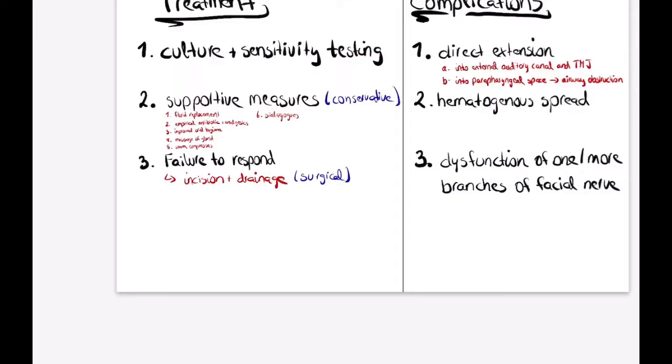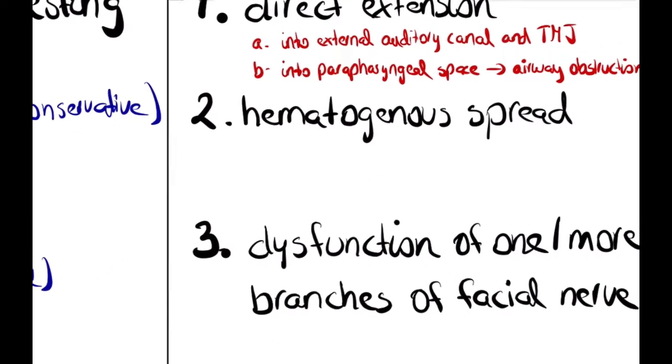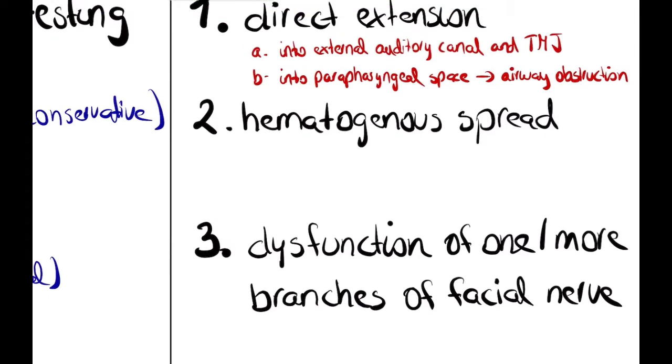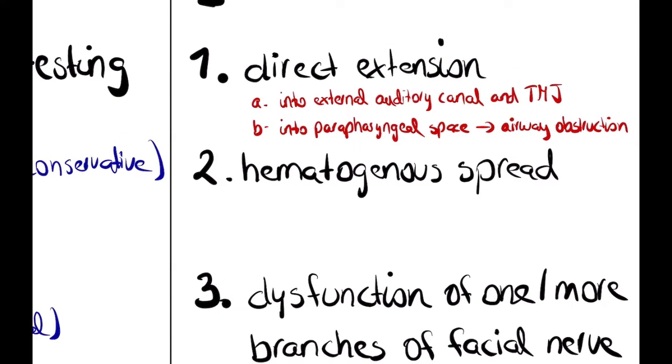Then the complications. There can be direct extension, because the parotid gland is close to the external auditory canal and the TMJ, and it can go even to the parapharyngeal space and lead to airway obstruction.